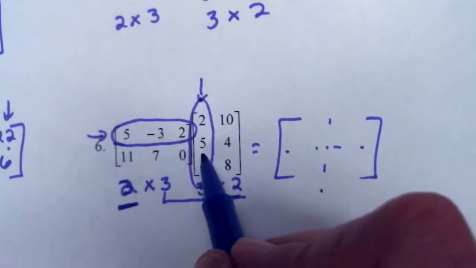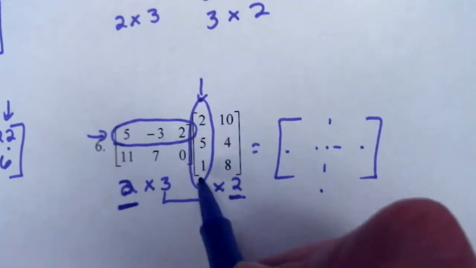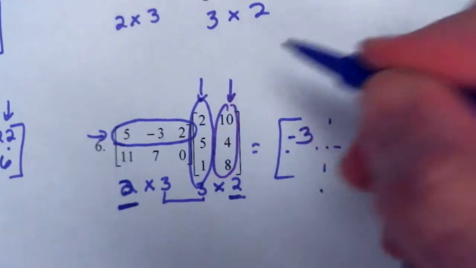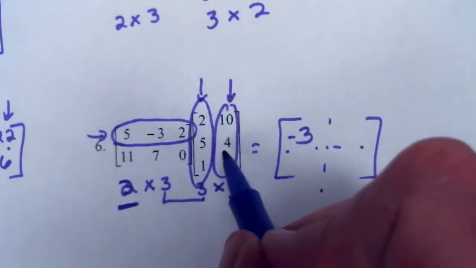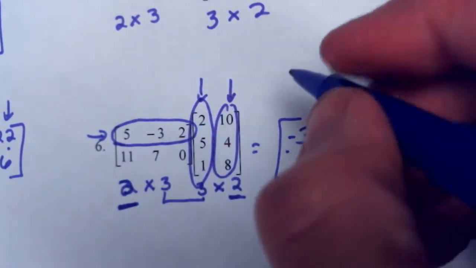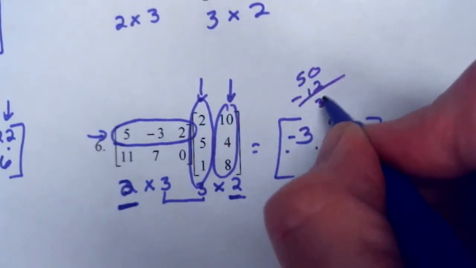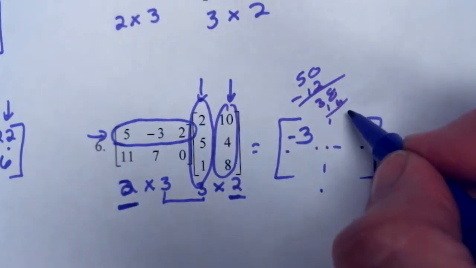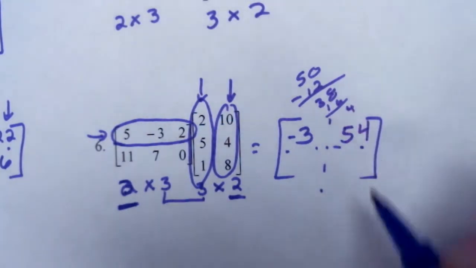Negative 3 times 5 is negative 15. 2 times 1 is 2. 10 minus 15 is negative 5, plus 2 is negative 3. Now the first row with the second column: 5 times 10 is 50. Then negative 3 times 4 is negative 12. And 8 times 2 is 16. So 50 minus 12 is 38, plus 16 is 54.